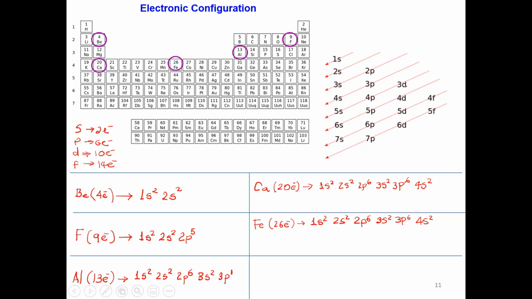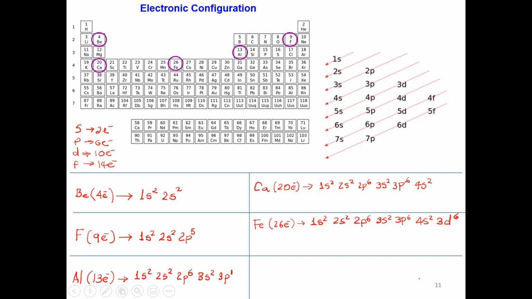We know up to this shell we have 20 electrons, because it's the same configuration as calcium. We have 20 electrons, and we need six more electrons. Now we will move to the next, which will be 3d, but d holds a maximum of 10 electrons, and we need six more electrons only. Then we will write just here 6, and this corresponds to the electronic configuration for iron.